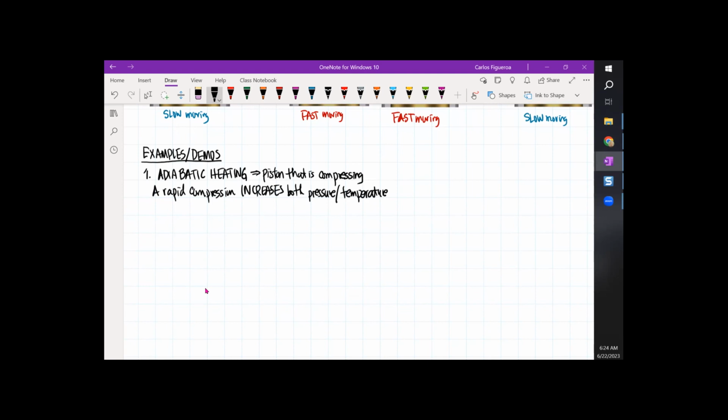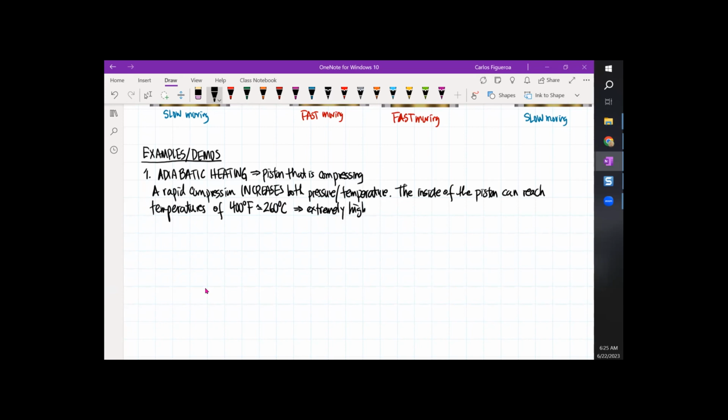Now, what happens here is that the inside of the piston can reach temperatures of 400 degrees Fahrenheit, which is about 260 degrees C. So in other words, this is extremely high for compressing things.